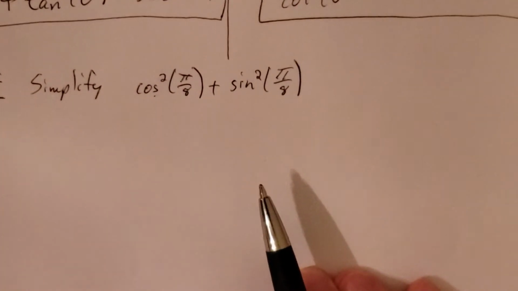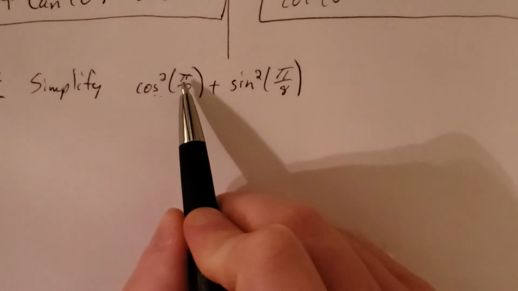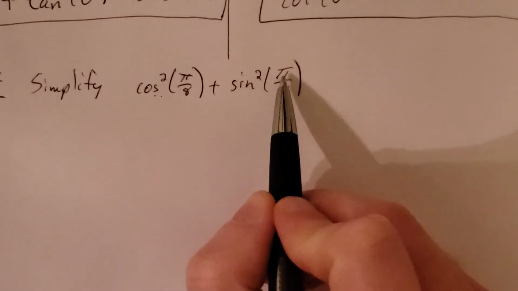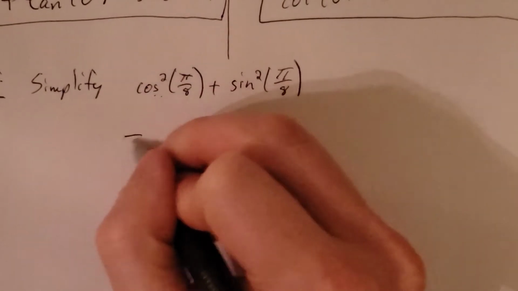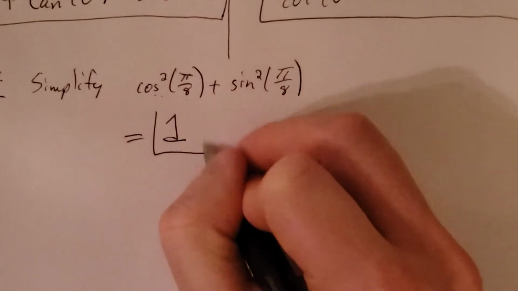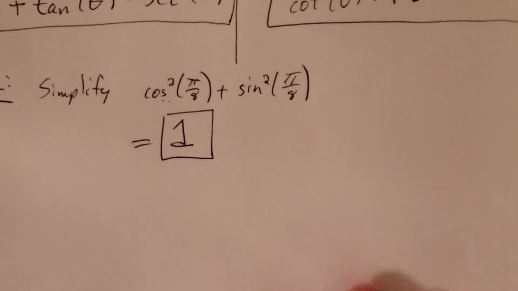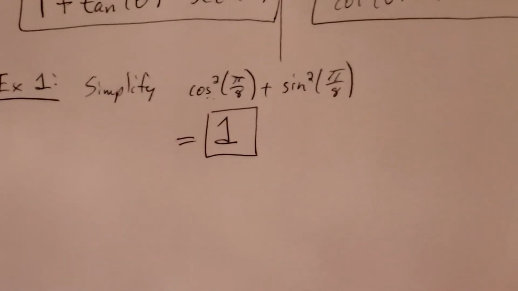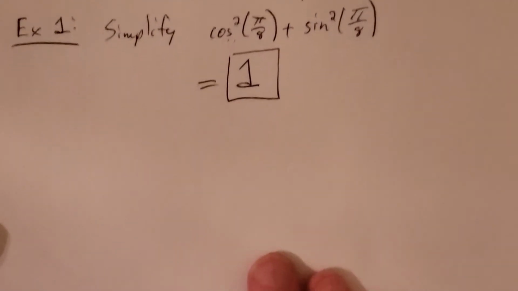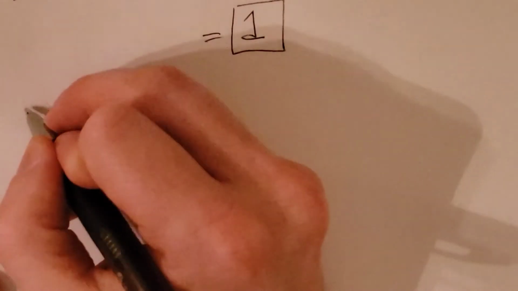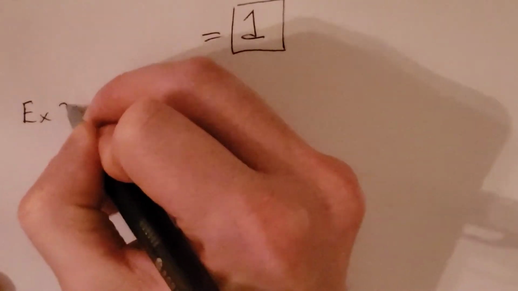So if we have cosine squared of pi over 8 plus sine squared of pi over 8, those are the same angle, so this is in fact 1. And there's no work to be done.